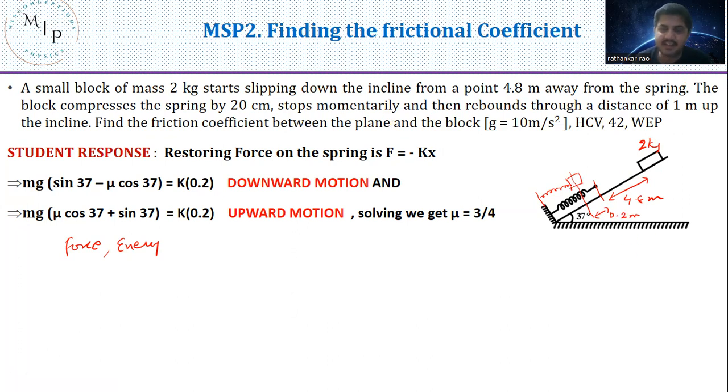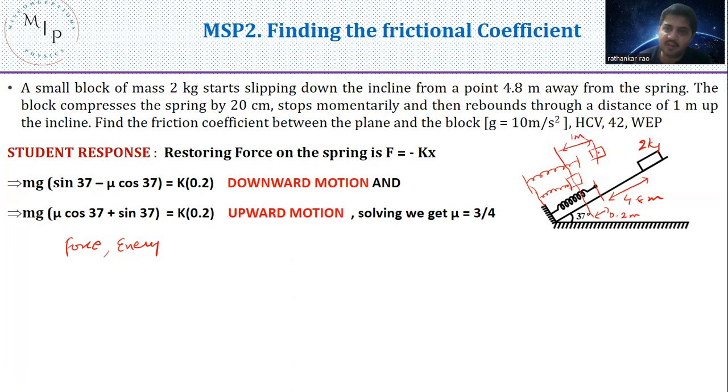So it hits the spring and stops, and then rebounds to a distance of 1 meter. Then what happens? It goes upwards by a distance of 1 meter. Then once again it springs back like this. This comes to the equilibrium point, but anyway it goes a little beyond here. So this mass keeps on going until here, and therefore the distance from here to here is seen to be 1 meter.